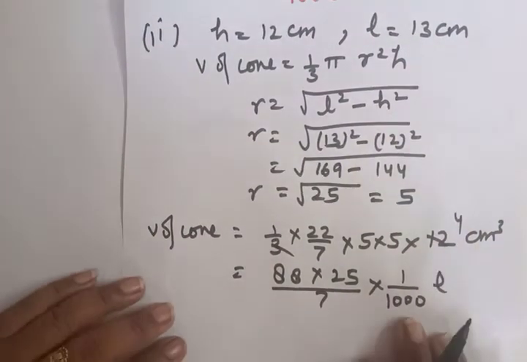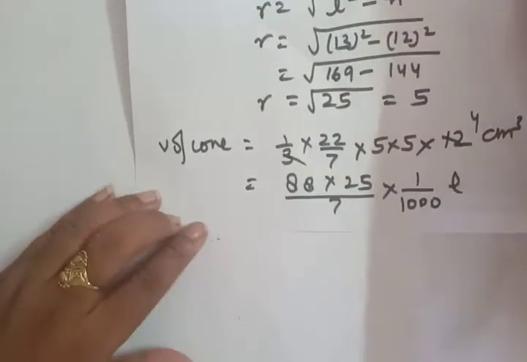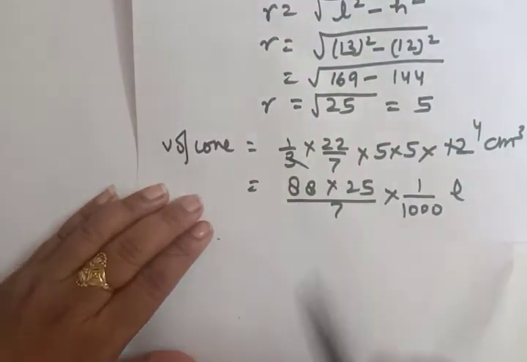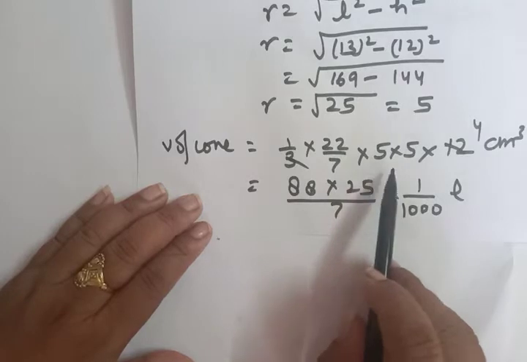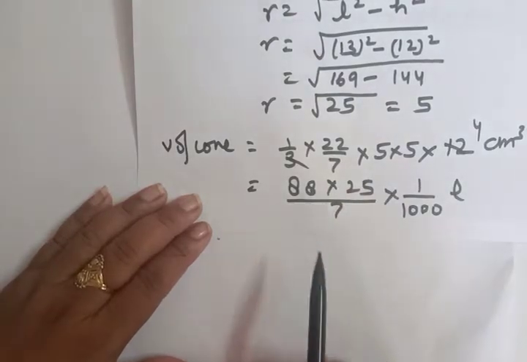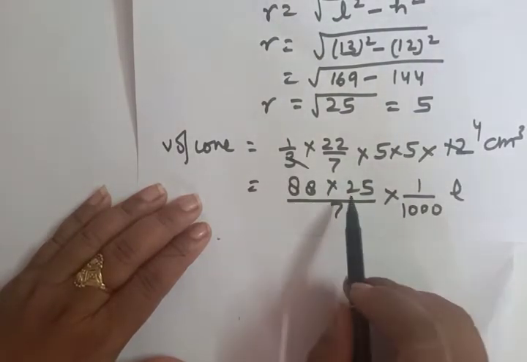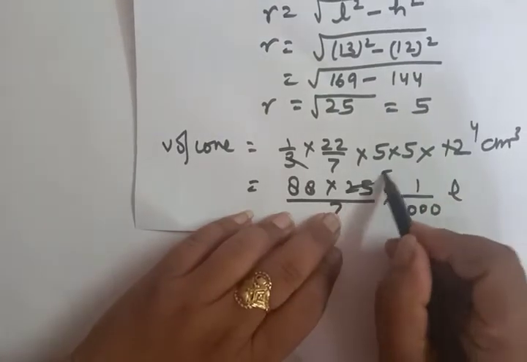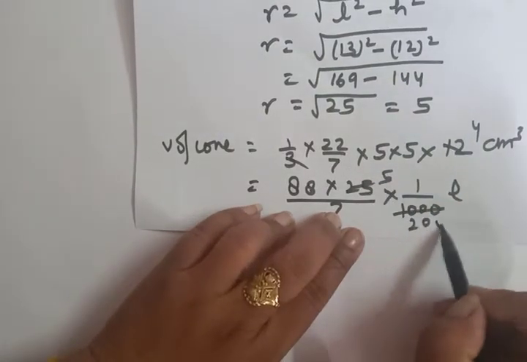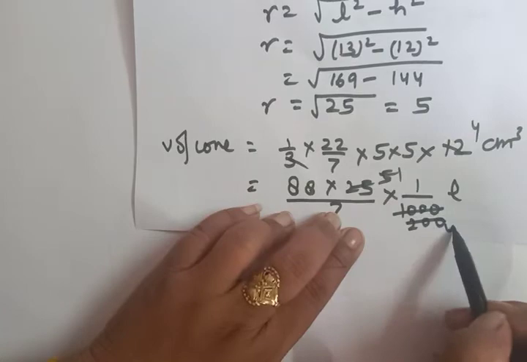So after calculating this, the 25 will cancel out, 5 5s are 25, and 5 into 40 is 200.